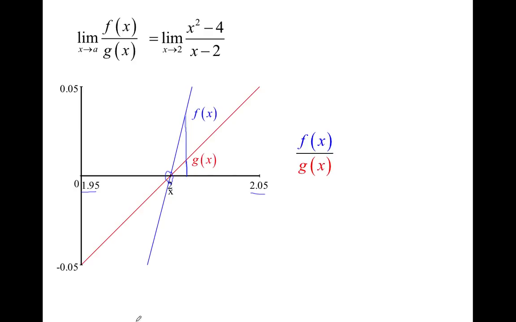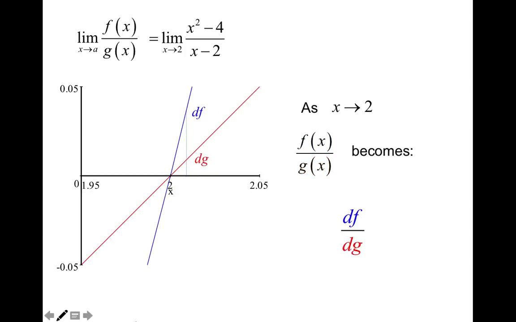But since I'm zooming in and both of these functions are locally linear, I can also say that those heights as I approach 2 are also the heights of the tangent line of f and the height of the tangent line of g. But the tangent lines are just what? Derivatives.